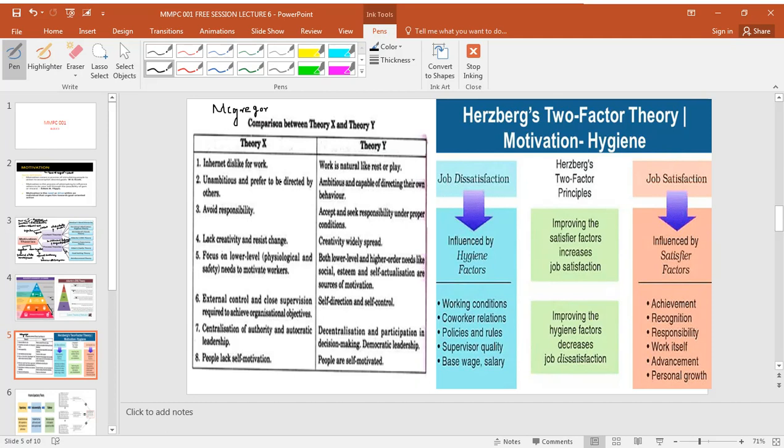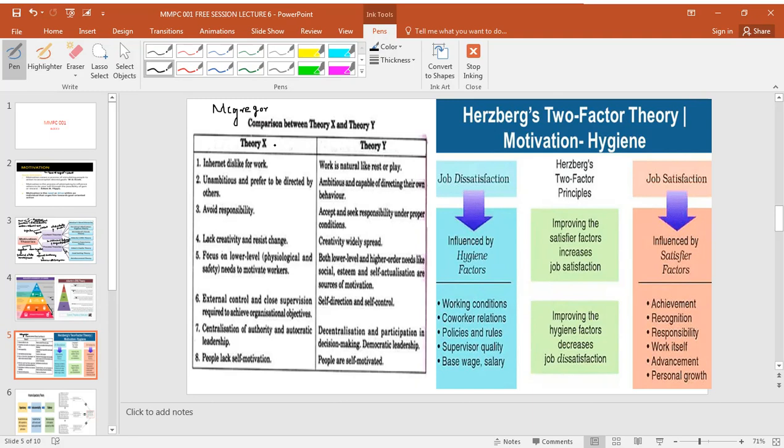This theory X and Y is discussing the assumptions of managers regarding their subordinates. Theory X managers have this type of assumptions about their subordinates. Theory Y managers have this set of assumptions regarding their subordinates, right?